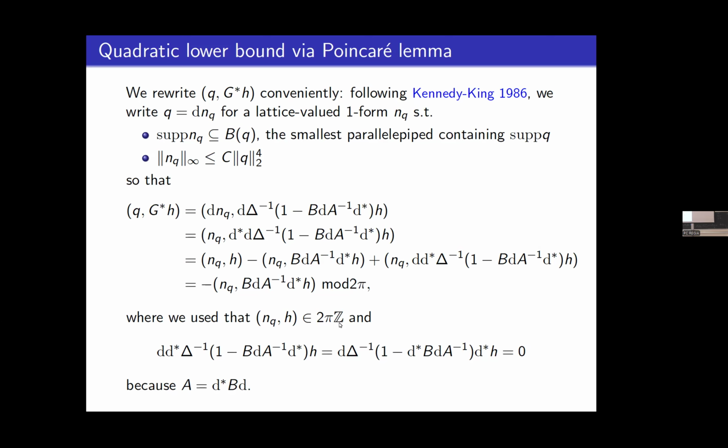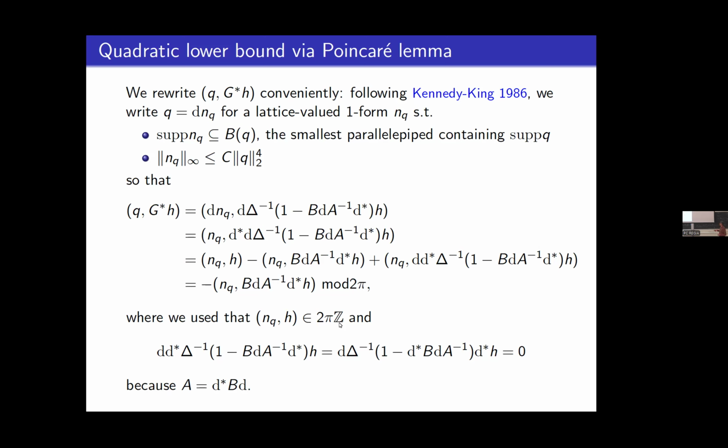They showed that the support of this G, that they call NQ here, is not so different from the support of Q. In their construction they can choose the support of this NQ to be the smallest parallelepiped containing the support of Q. So if the support of Q is here, this is B of Q, and the support of NQ is this one.